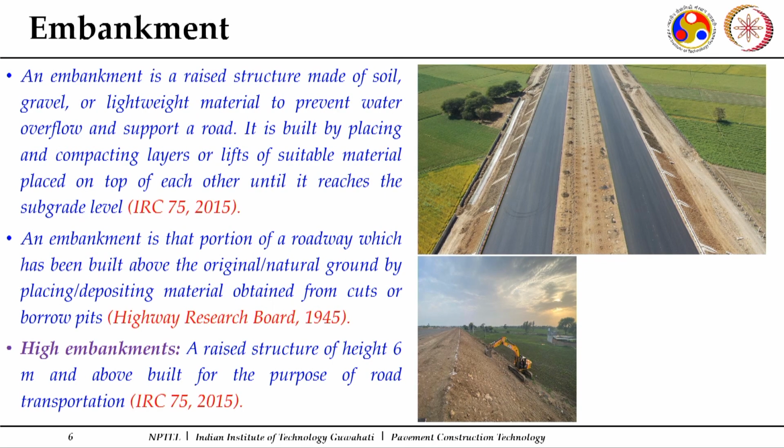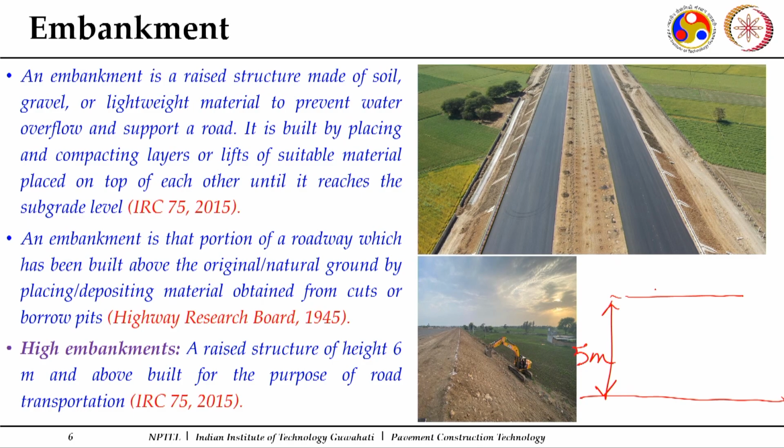Now if I have to construct a road, say this is my natural ground level, and because of any reasons, or this is a low lying, waterlogged area, I may have to create some final surface at this level. So there may be a difference of say 5 meter. So what to do in this case?